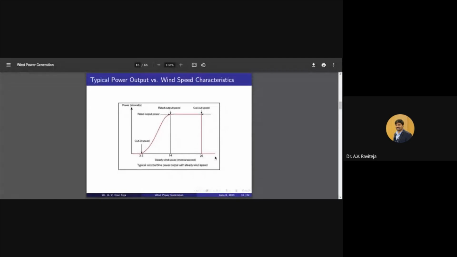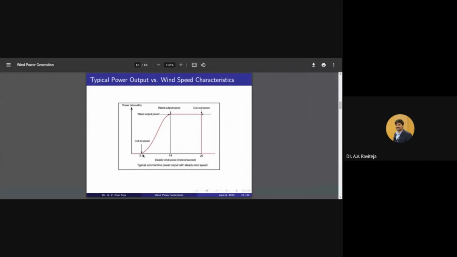Whereas if I choose my rated wind speed very low, then I am losing power even in most parts of the day. So this has to be thoroughly designed based on the location. For a given location, if 14 meters per second occurs for at least 60% of the day, then you can choose this as the rated wind speed.